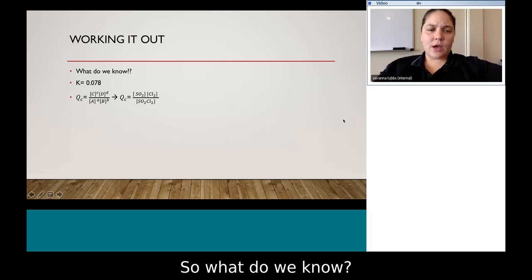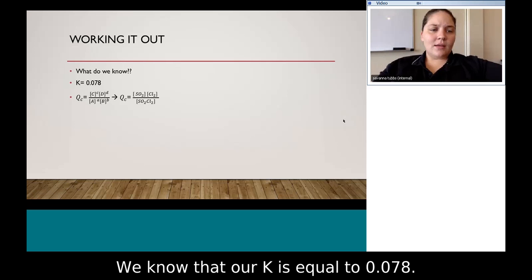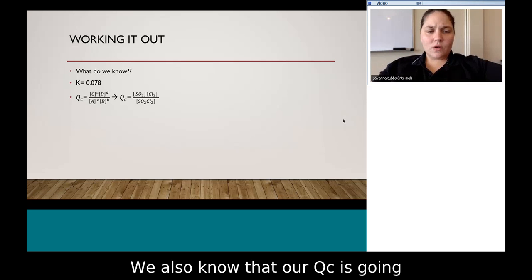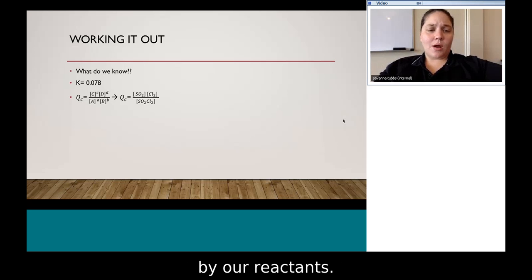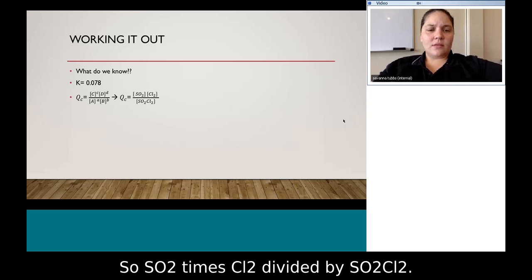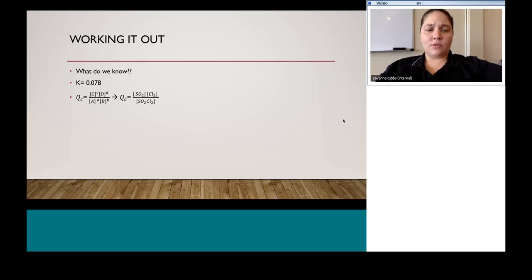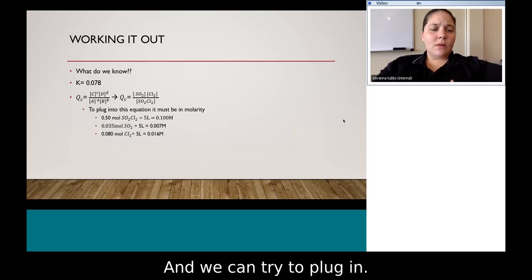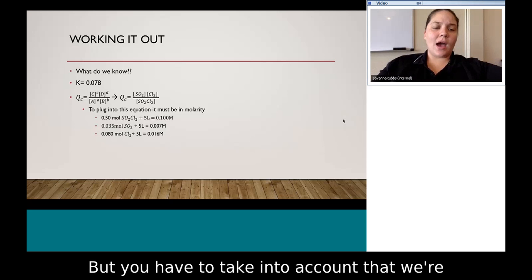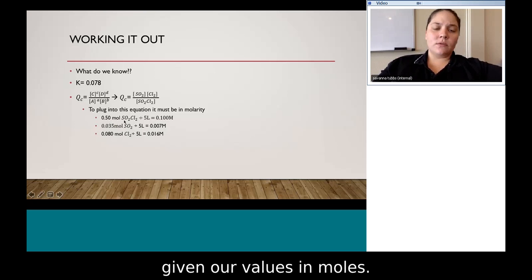So what do we know? We know that our K is equal to 0.078. We also know that our QC is going to be our concentration of our products divided by our reactants. So SO2 times Cl2 divided by SO2Cl2. And we can try to plug in, but you have to take into account that we're given our values in moles.